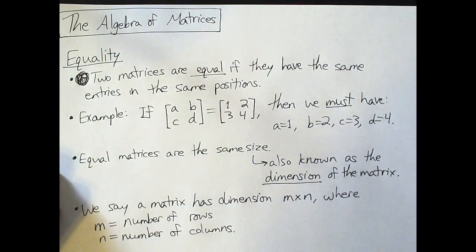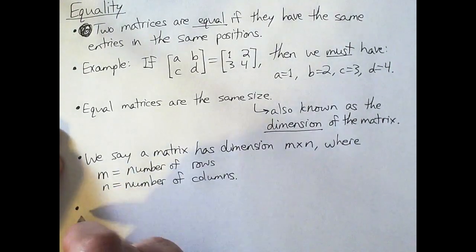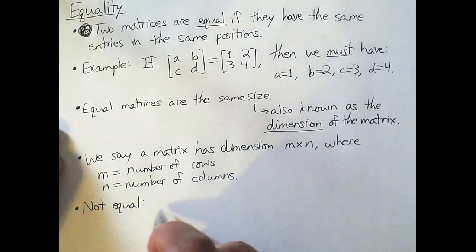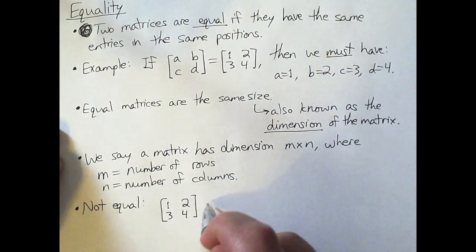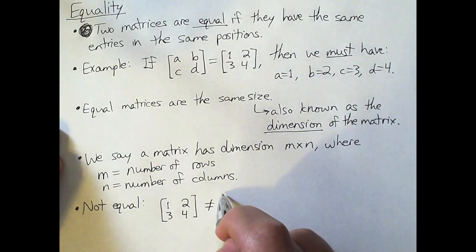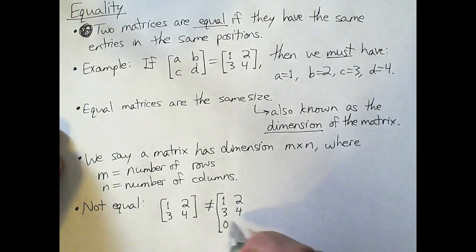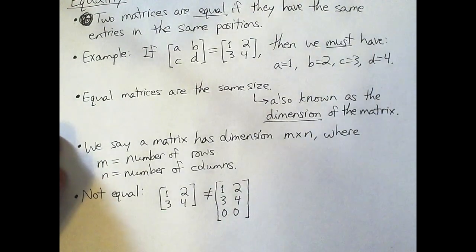Above, I said something about if these two matrices are equal. Let me give you an example of two matrices that are not equal. The matrix 1, 2, 3, 4 is not equal to the matrix 1, 2, 3, 4, 0, 0. Those are not equal.